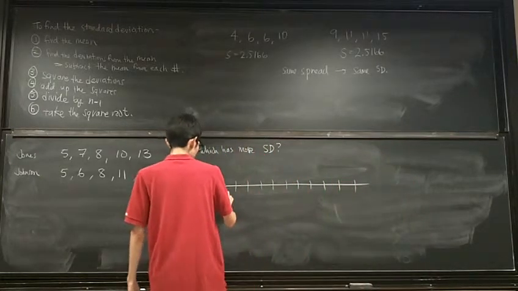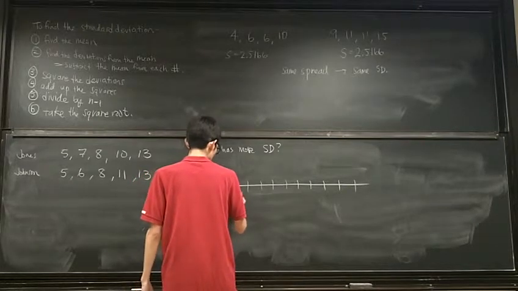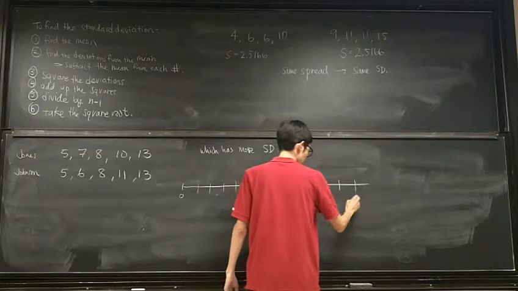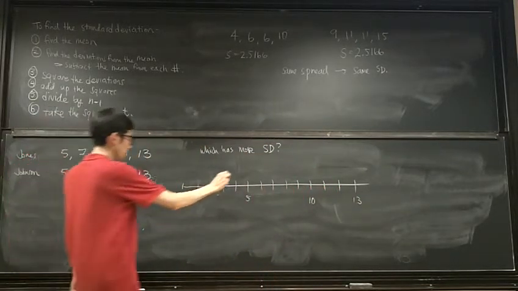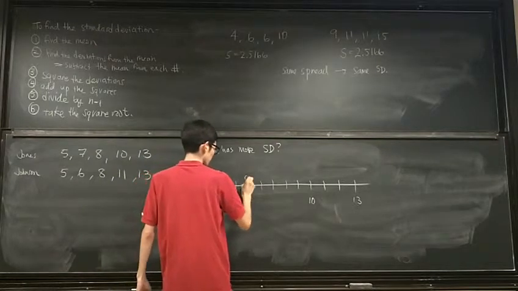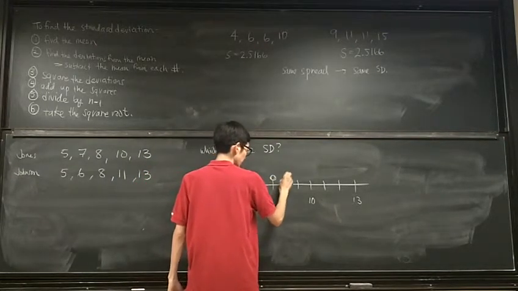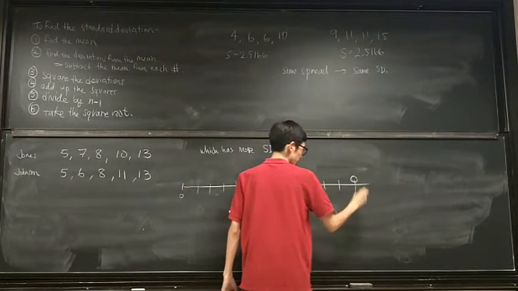So this is 1, 2, 3, 4, 5. Okay, so the Jones family I'm going to put above. We got a dot at 5, 7, 8, 10, and 13.